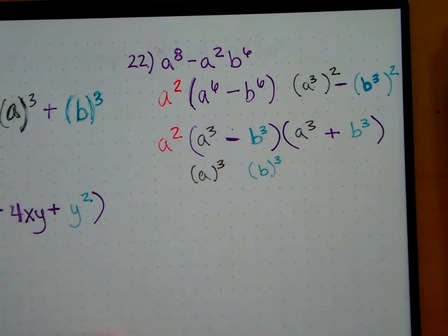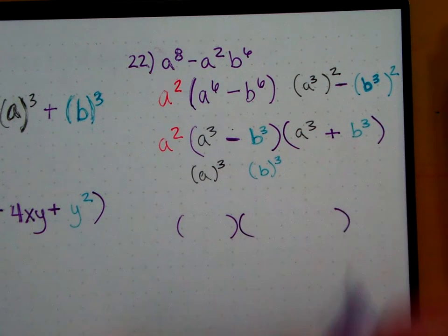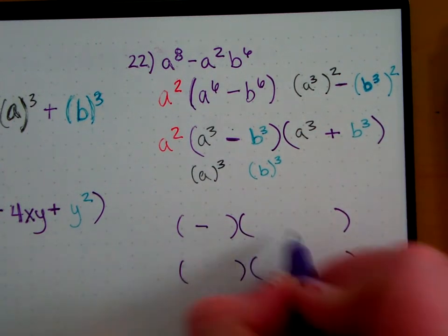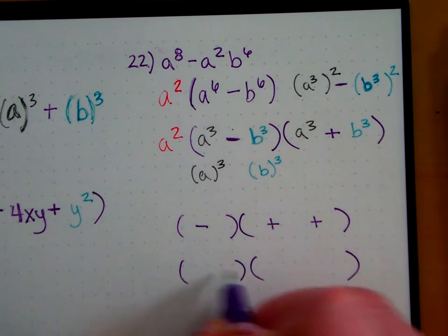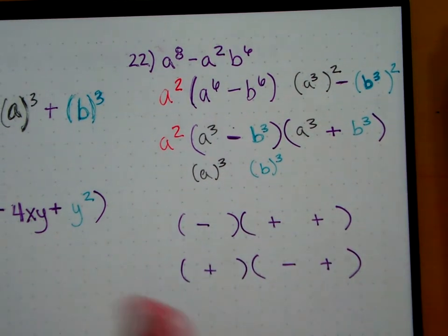So, the first one is subtraction, factors out to b, parentheses, parentheses, and then addition. So this is subtraction, plus, and addition, subtraction, plus.